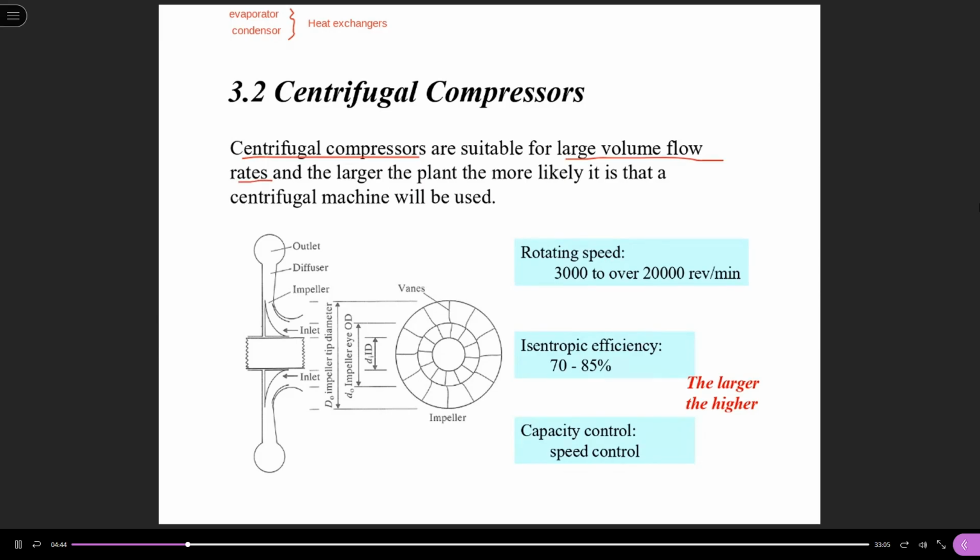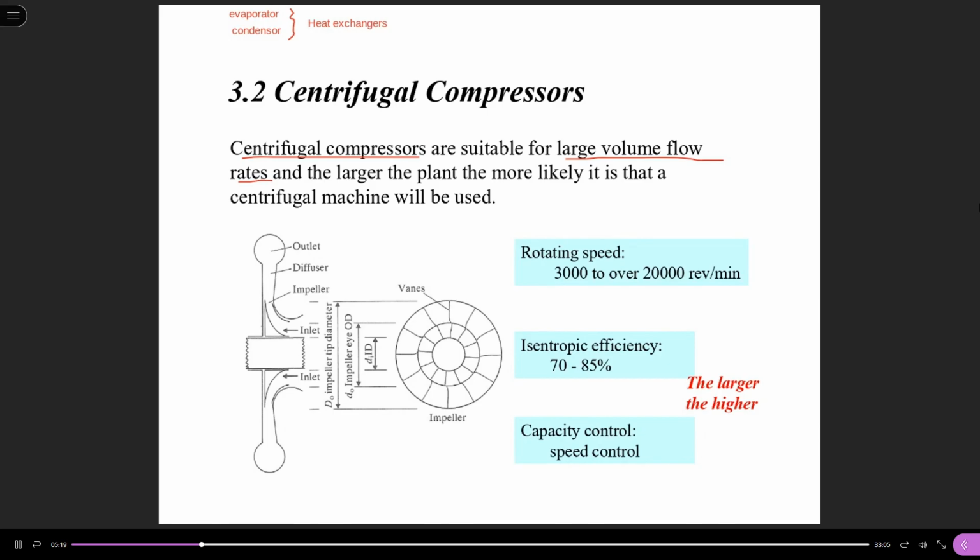Usually, the larger the plant, the more likely it is that a centrifugal machine will be used. Okay, usually centrifugal compressors are suitable for large volume flow rates and for large cooling capacity. And let's have a look at the centrifugal compressor.